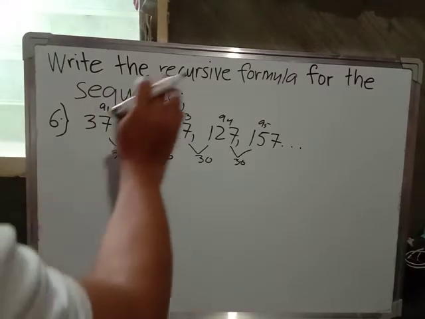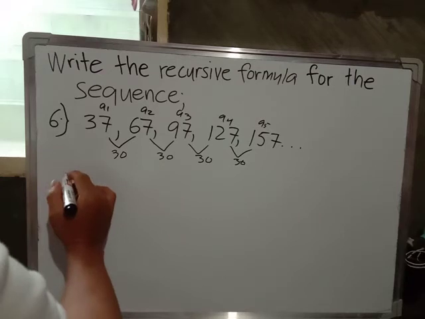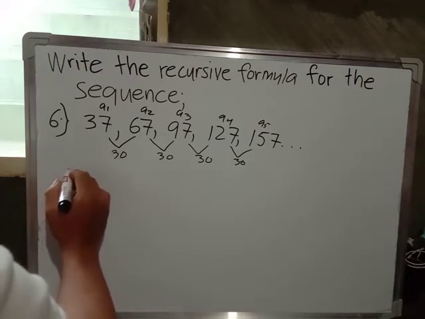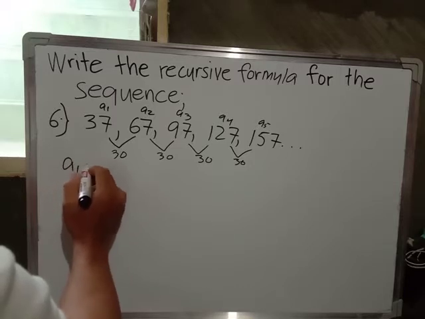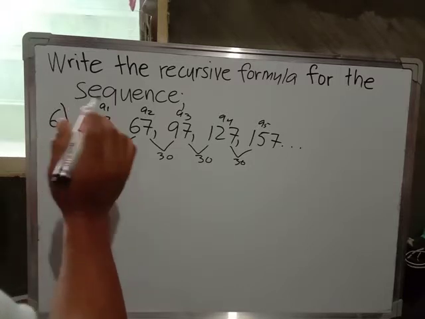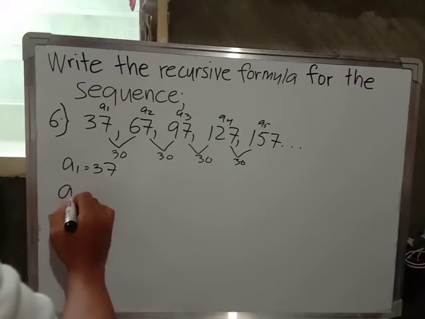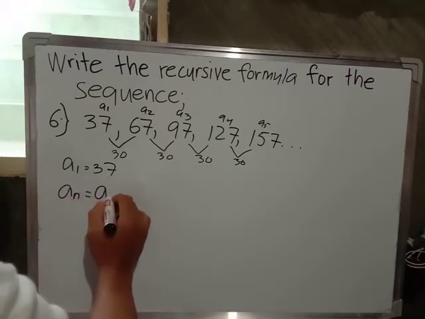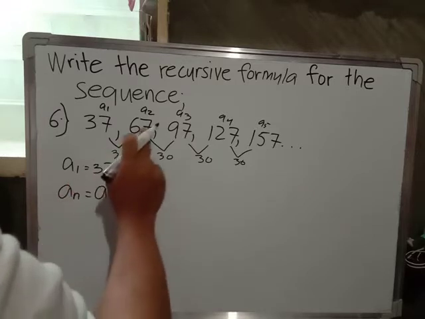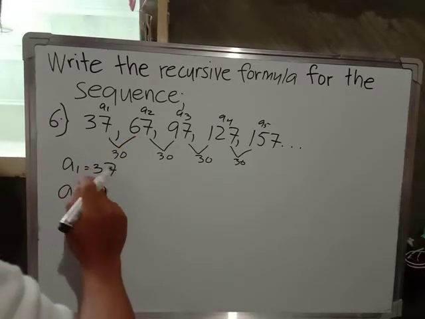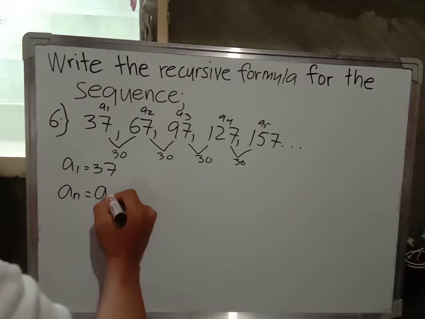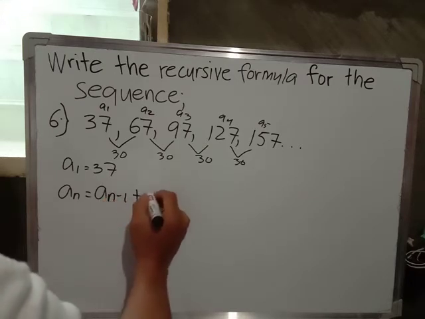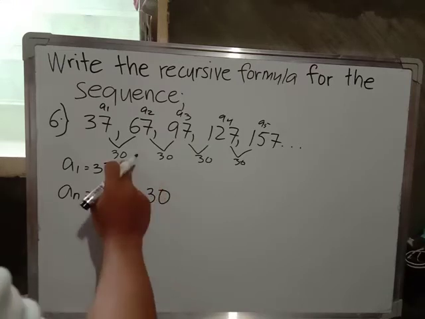Since recursive, unahin na lang natin si recursive formula. By using E1 is equal to 37, the next term would be simply En. Halimbawa En, gamitin natin si E(n minus 1) plus 30, yung common difference.